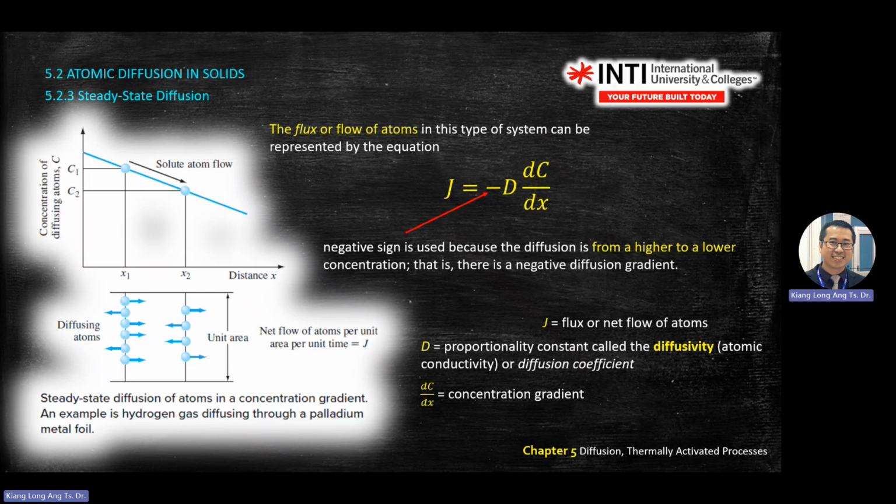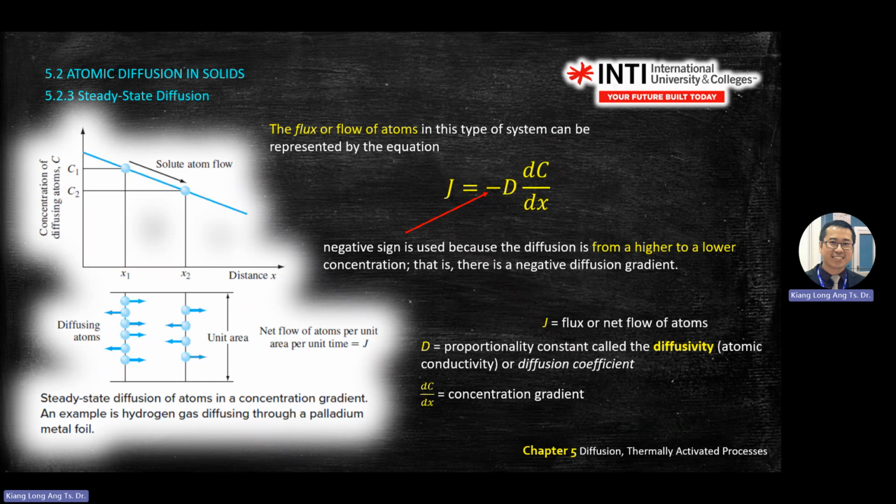So how to find the m? y2 minus y1 divided by x2 minus x1. To find this value, you compute y2 minus y1 divided by x2 minus x1. All right. So J equals minus D dC over dx.